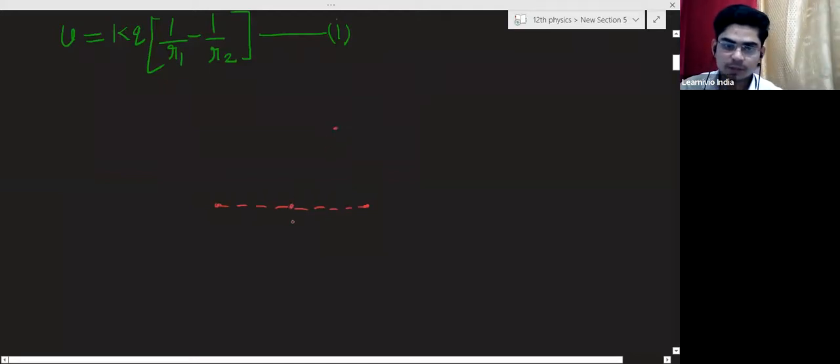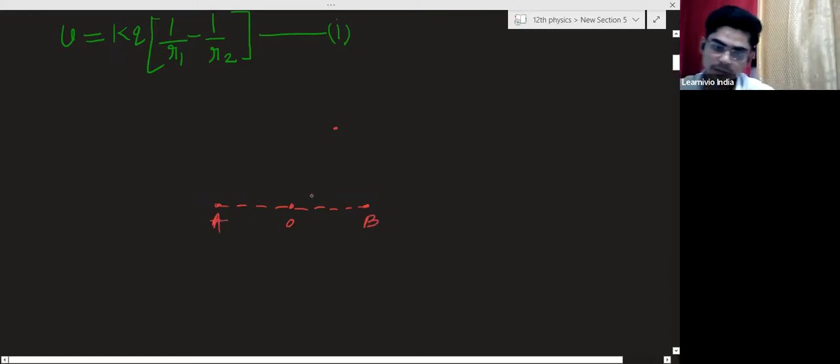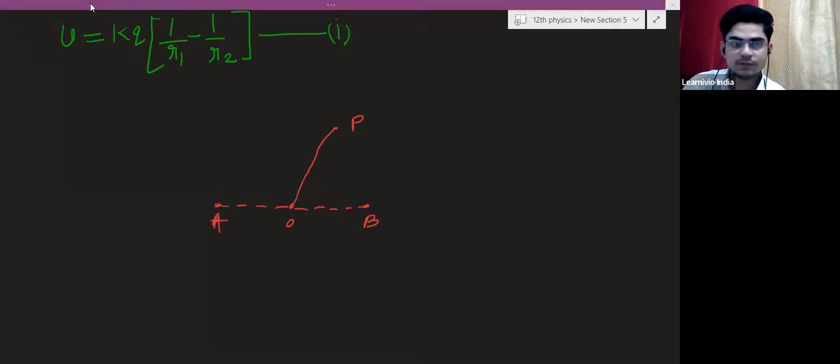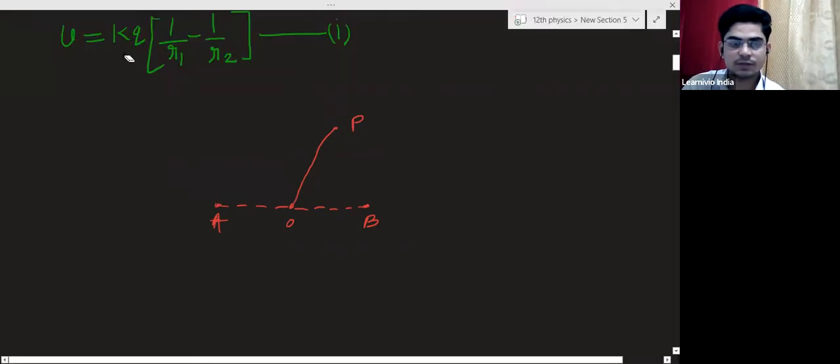This is the center of the dipole O. This was point A, and this was point B. This is a straight line, so that you can understand it easily.